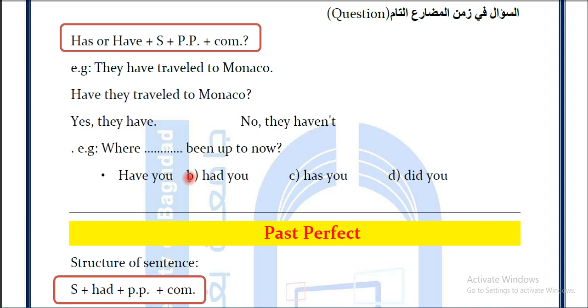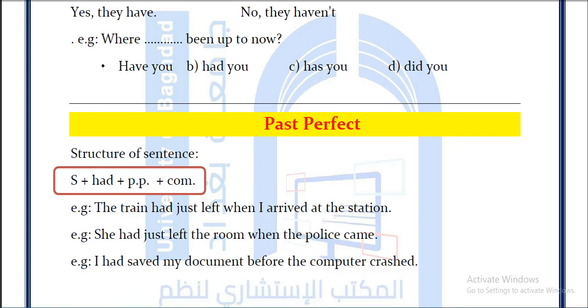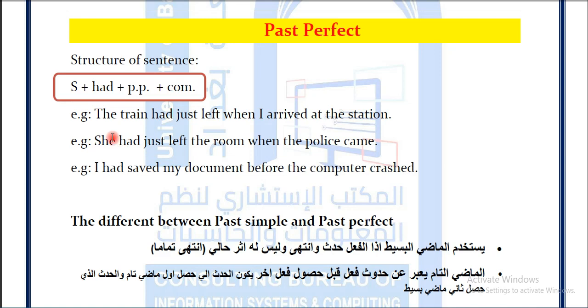That's all about past simple, past continuous and present perfect. Now we have past perfect. What does it mean by past perfect? Let us see.